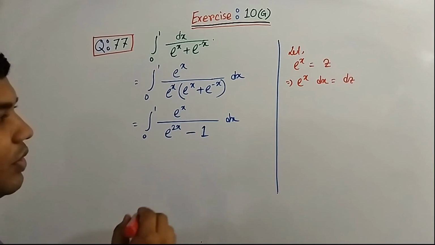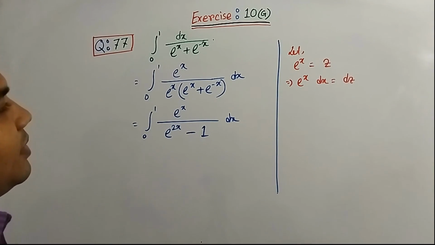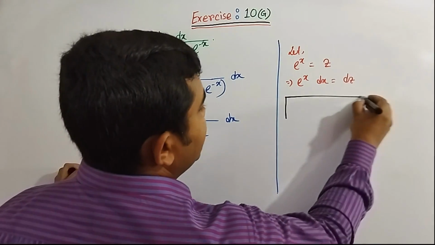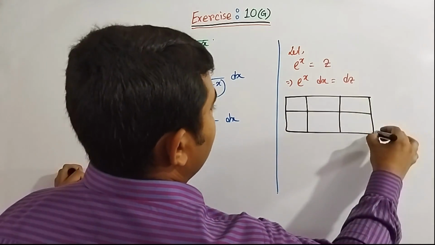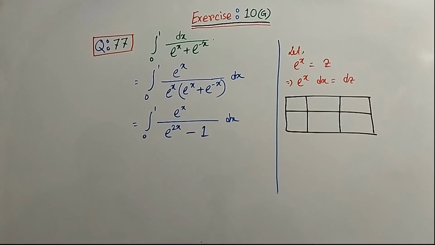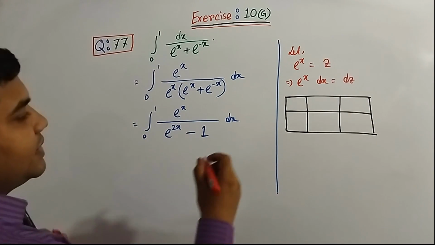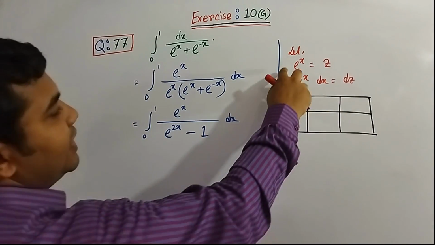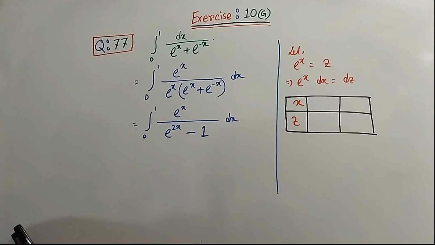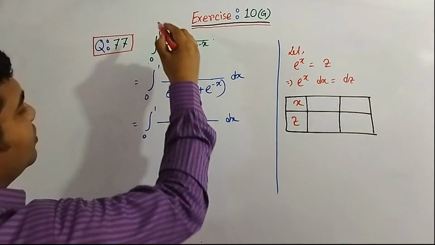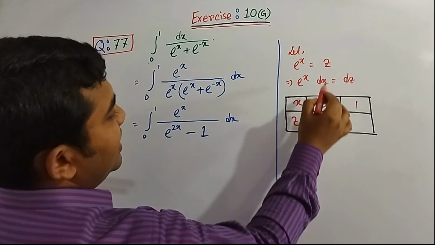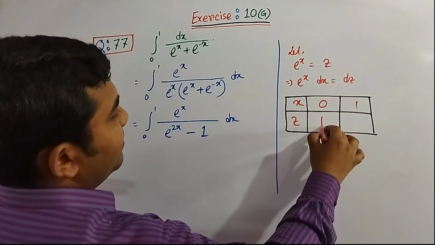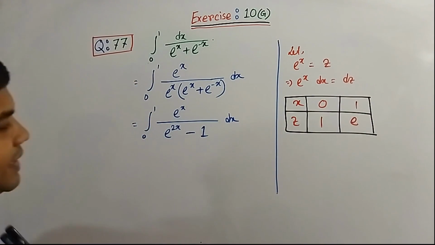We all know that when this type of assumption comes, we have to change the limit part again. The value of x was 0 to 1, so if we put in x is 0, then e to the power 0 is 1, and e to the power 1 will be e.